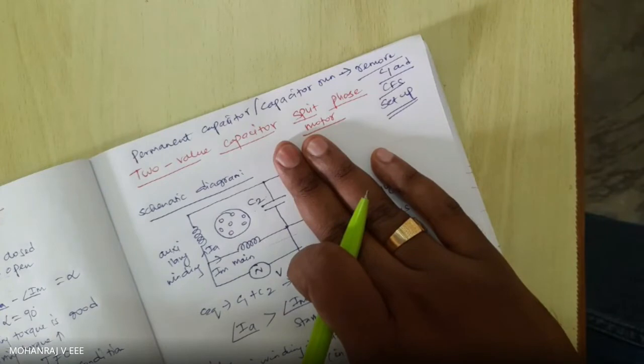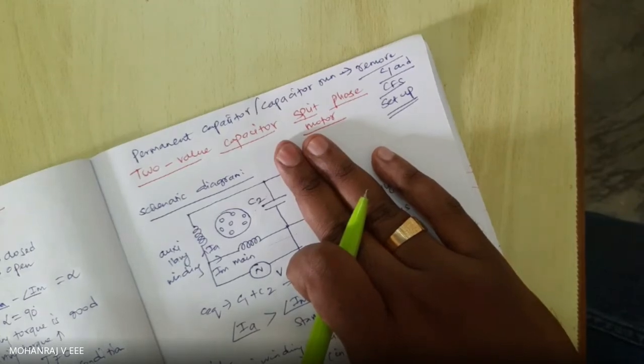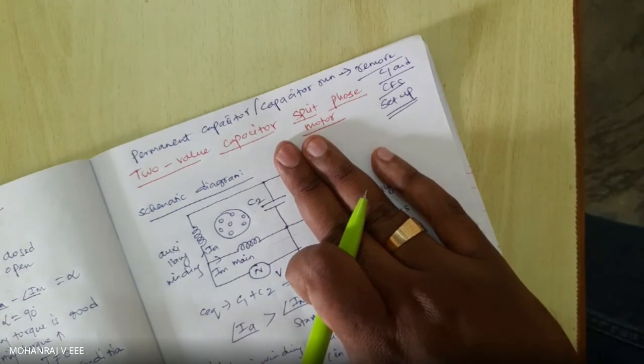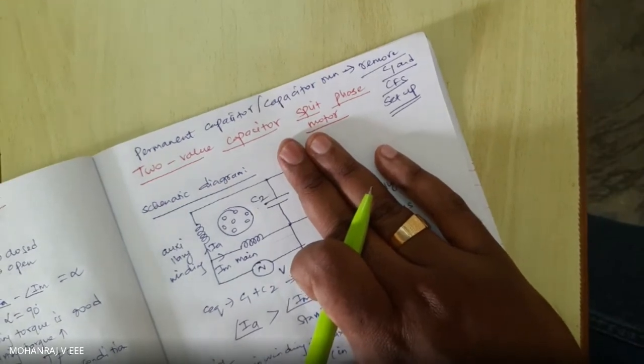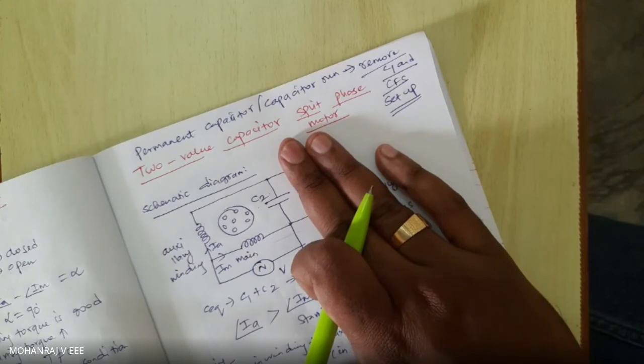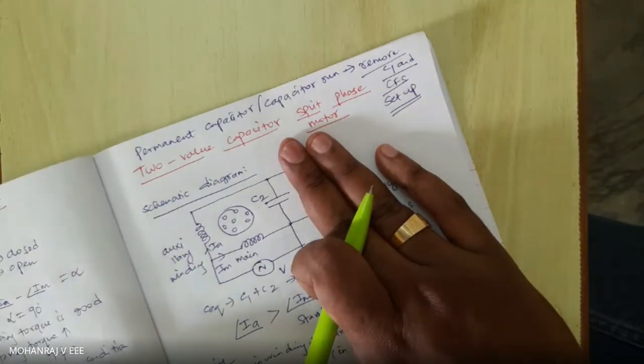So if you remove this, what happens? During starting condition, you will have main winding, auxiliary winding as well as C2. What happens during running condition? Even during running condition, main winding, auxiliary winding, and C2 are present.